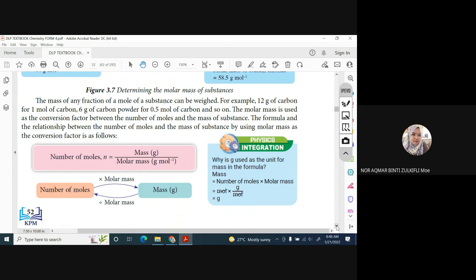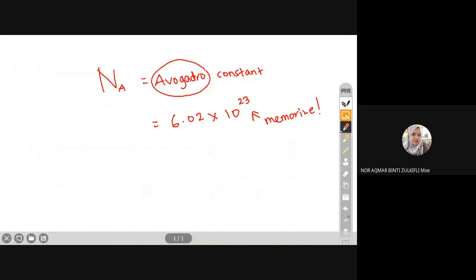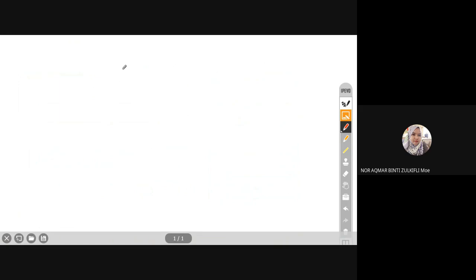Now we want to discuss mass and mole. There are several categories. We will discuss mole with Avogadro, which we already did, then mole with mass, and then the last one, mole and volume. By 9 o'clock we will finish discussing up to volume, then we continue tomorrow. Now let's look at mass.